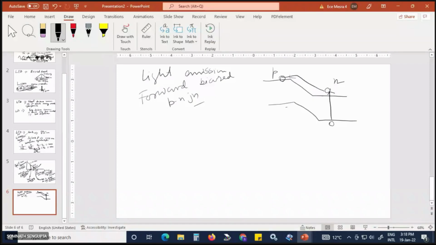And here holes are available or you are supplying. So this is electron, these are holes.